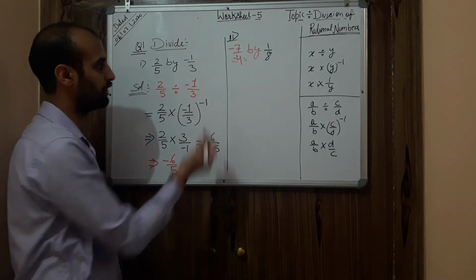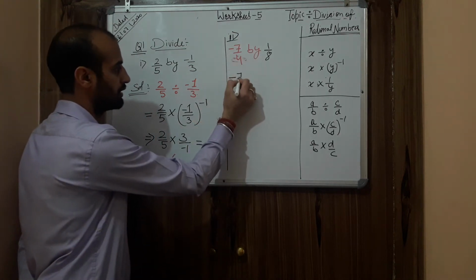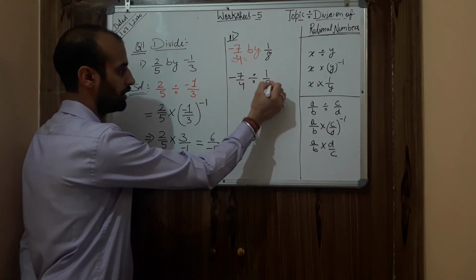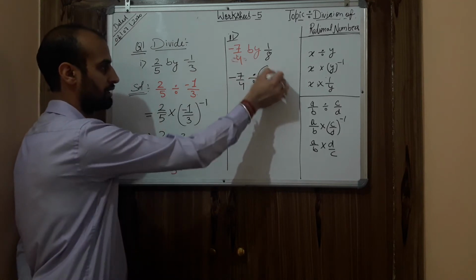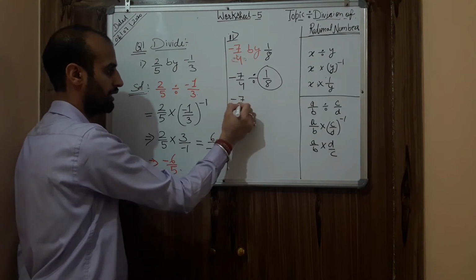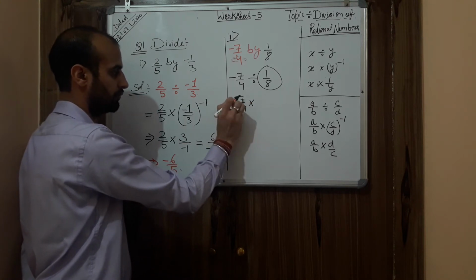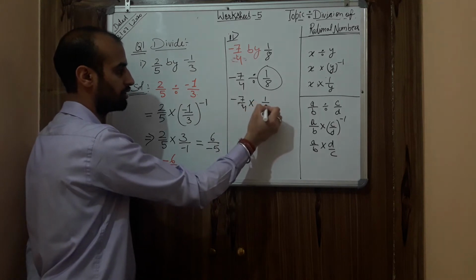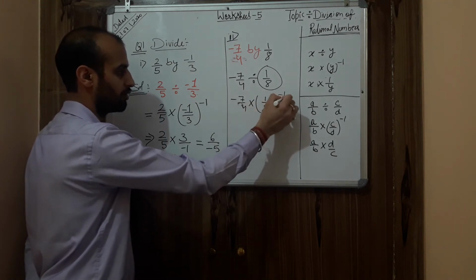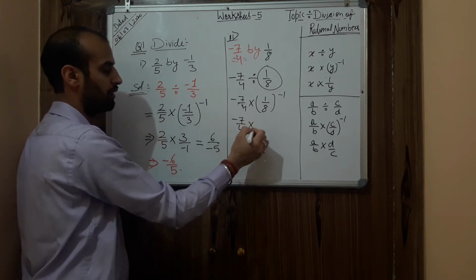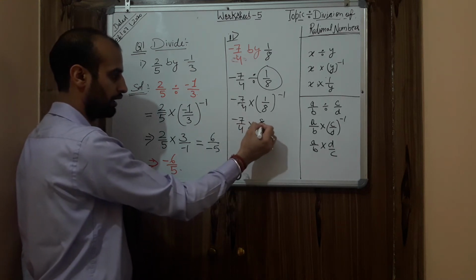Once again, as I told you, first write 7 upon 4, divided sign, 1 upon 8, then take the reciprocal of this number and put the multiply sign. I am going to take 1 upon 8, its reciprocal. So it becomes 7 upon 4 multiplied by 8 upon 1.